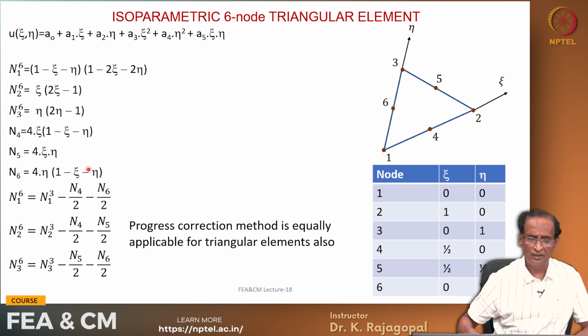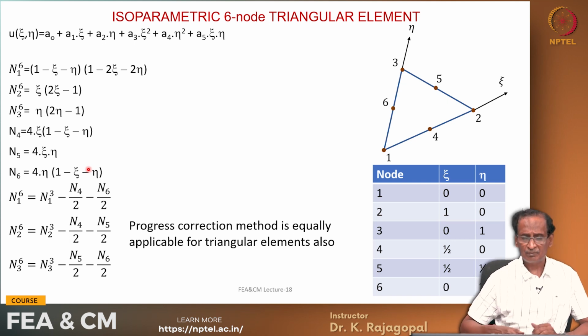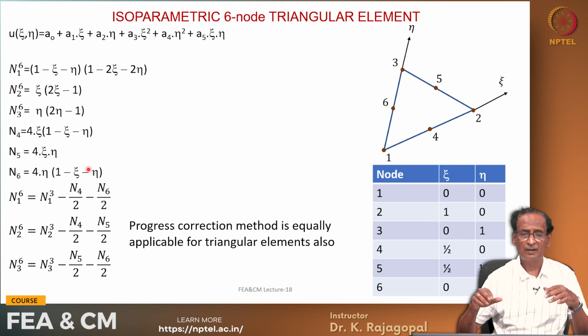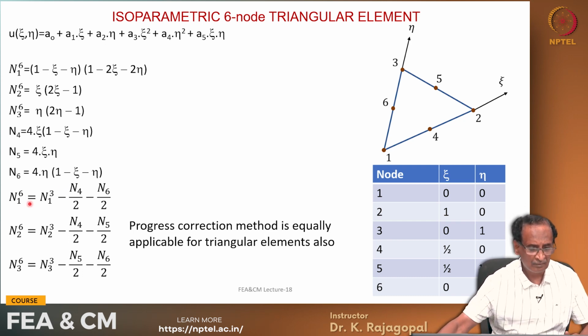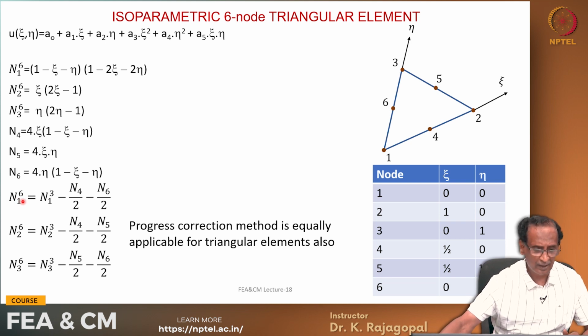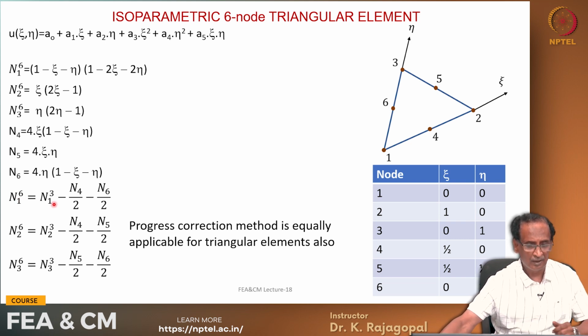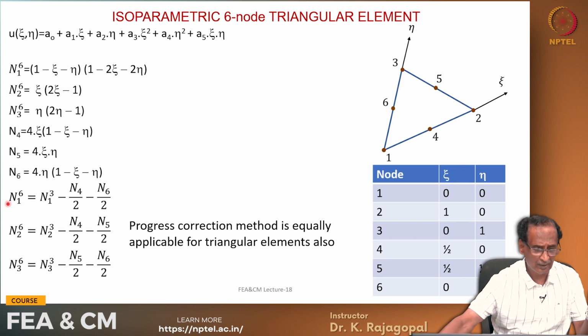And so whatever progressive corrections that we had done with quadrilateral elements can also be done with triangular elements. So the n1 for the 6 node element we can get by correcting the n1 from the 3 node element, n1 3. We can subtract n4 by 2 and n6 by 2 and get the shape function for a 6 node element.